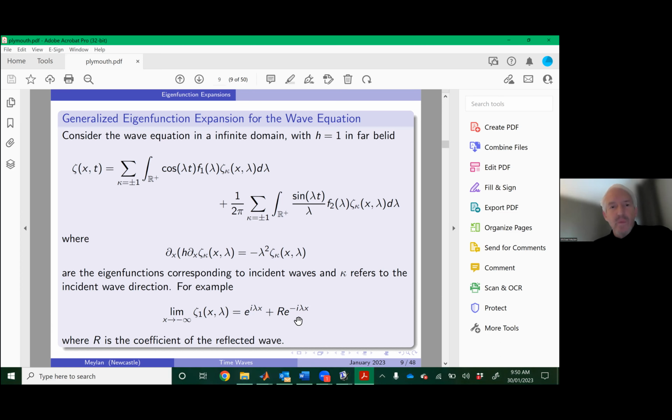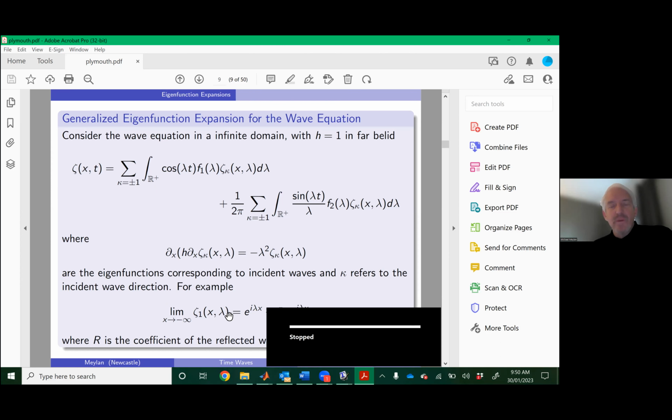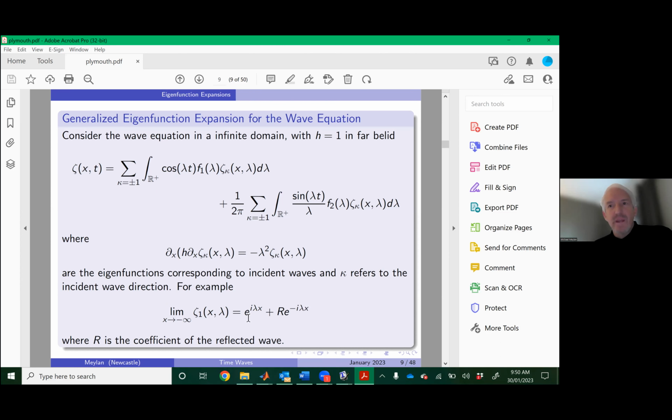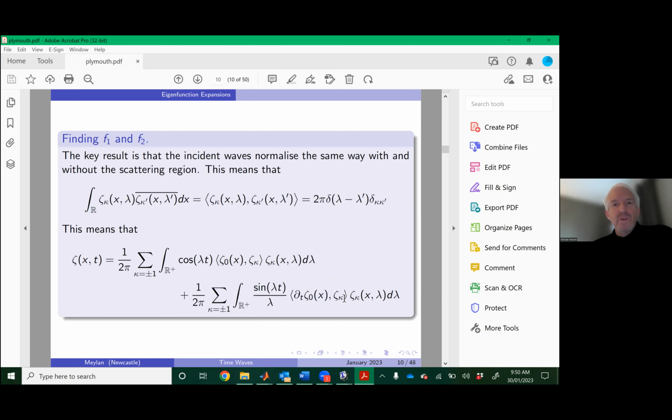And we have to have some incident wave, for example an incident wave coming in from infinity. We need some boundary condition at infinity, so we have an incident wave plus a reflected wave. Then if you remember from your Fourier series, you've got e to the i omega x, or e to the ikx, times e to the ik2x or something.